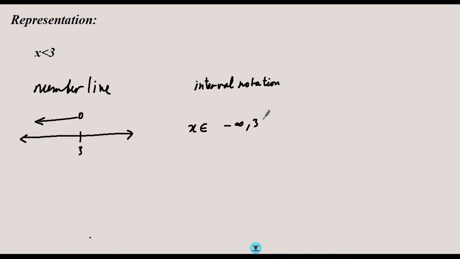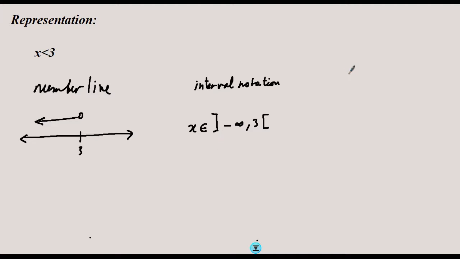And to indicate that 3 is not included, we use a square bracket turning its back to the 3 because it's not included. And with the negative infinity, because it is not a number, it is just a concept, it cannot be included because you never reach it anyway. So you have another bracket that has turned its back to the negative infinity.